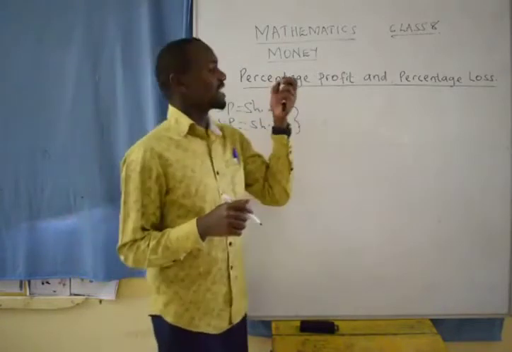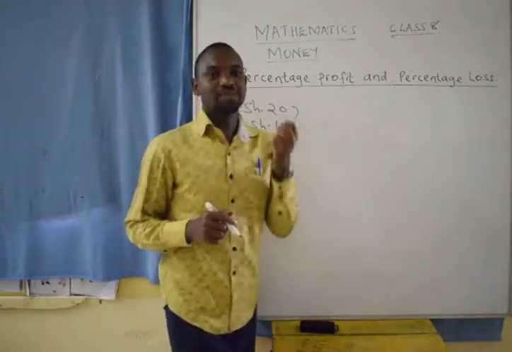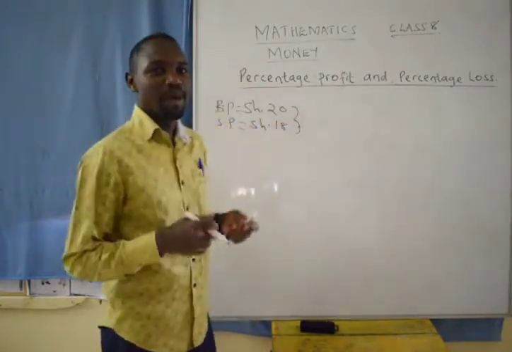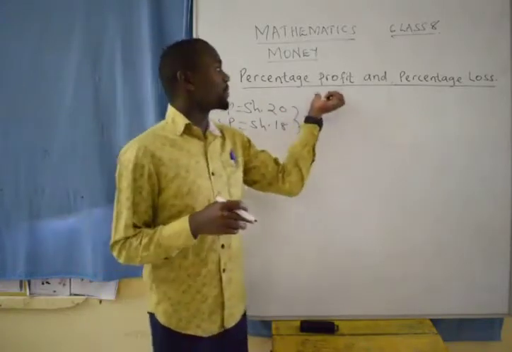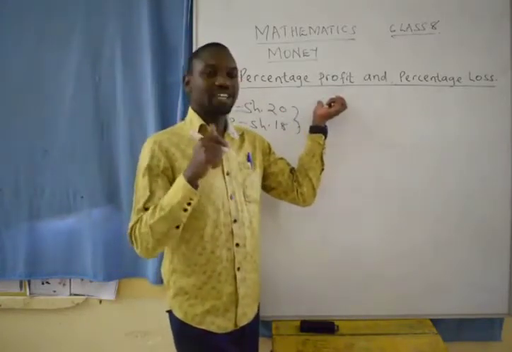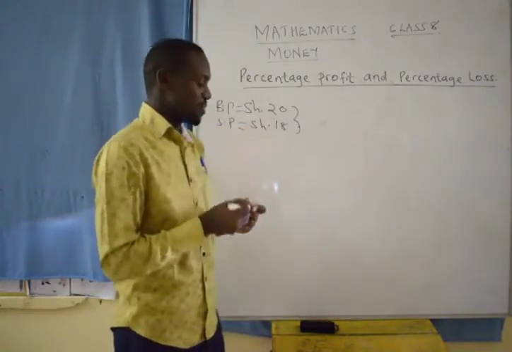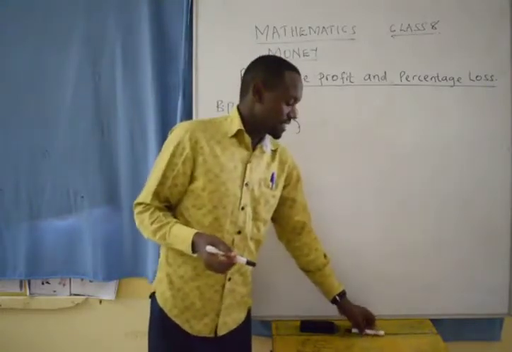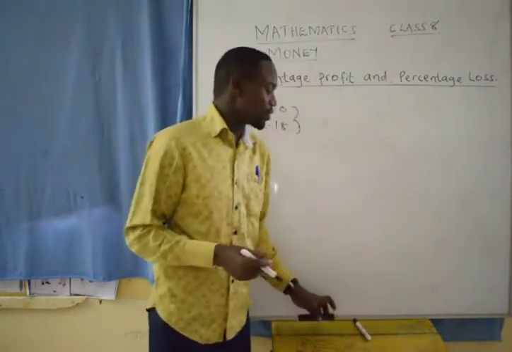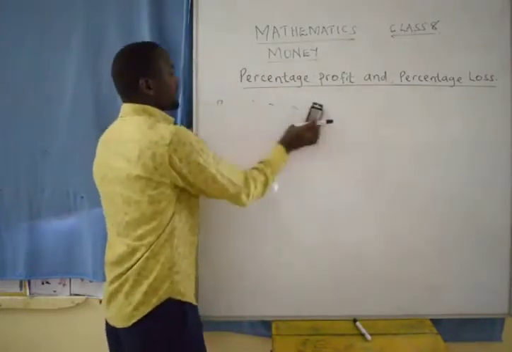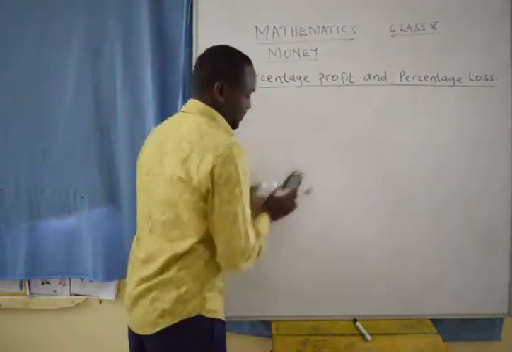So loss is incurred when you sell an item at a lower price than the buying price, whereas profit is when you sell an item at a higher price than the amount of money you bought the item. In this case, we are going to look at percentage profit and percentage loss.